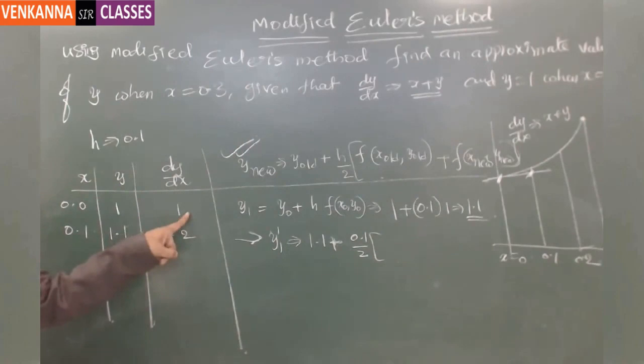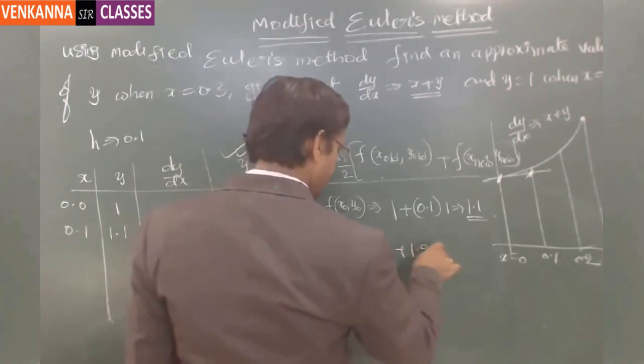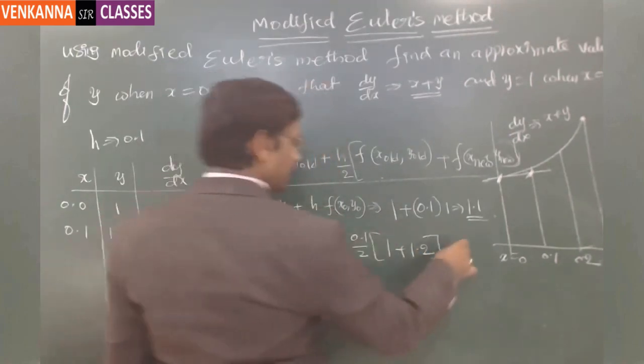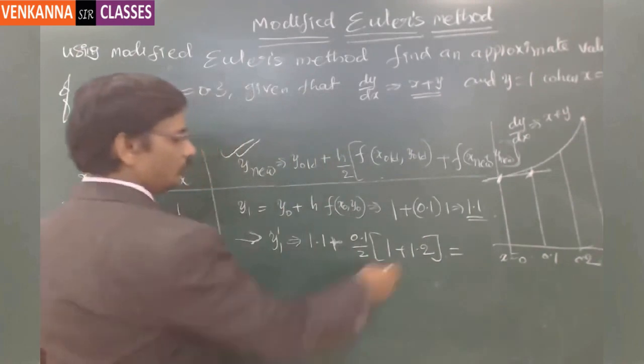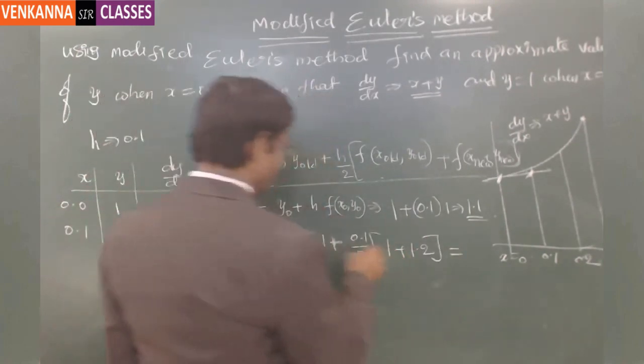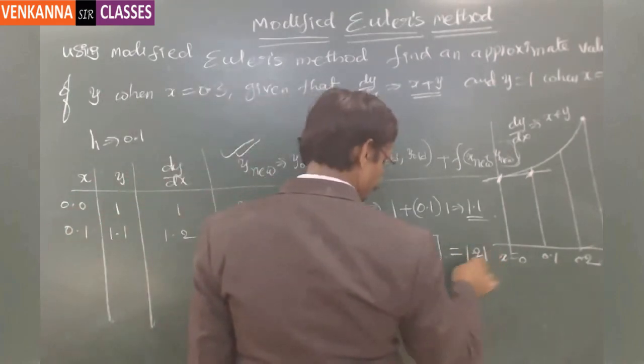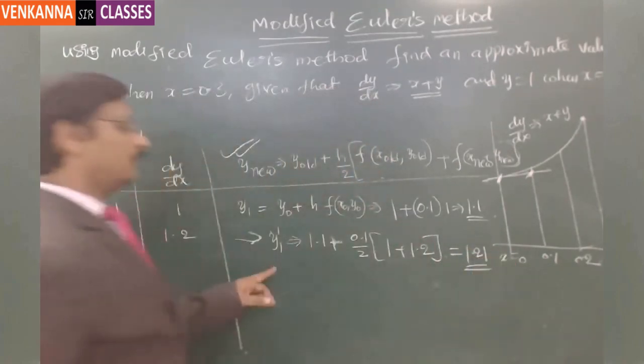Here the slope is 1 and here the slope is 1.2. So this is 1 plus 1.2, and you can calculate this value. This is 2.2. 2.2 by 2 is 1.1. 1.1 times 0.1 is 0.11. 0.11 plus 1.1 is 1.21.